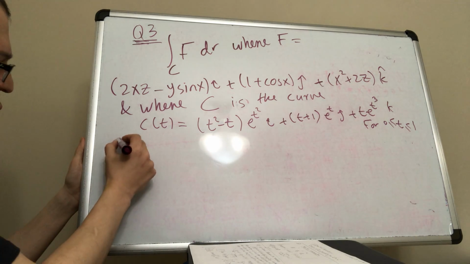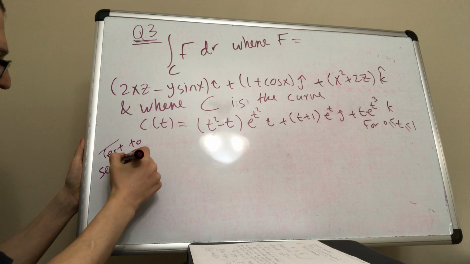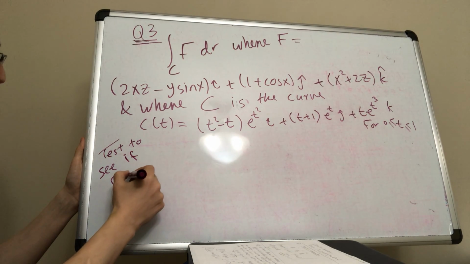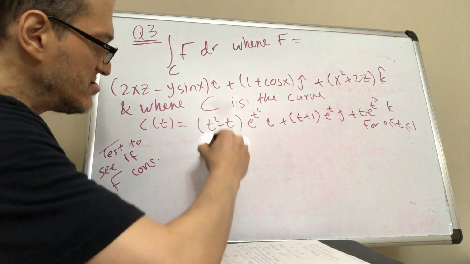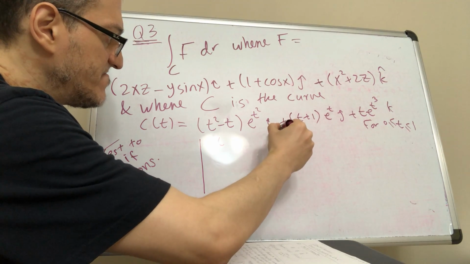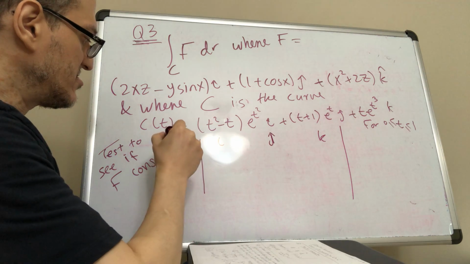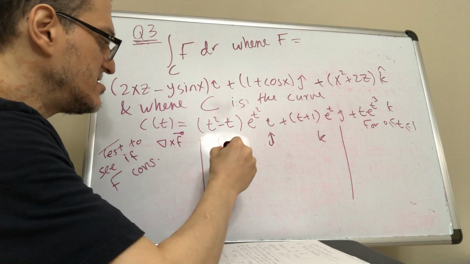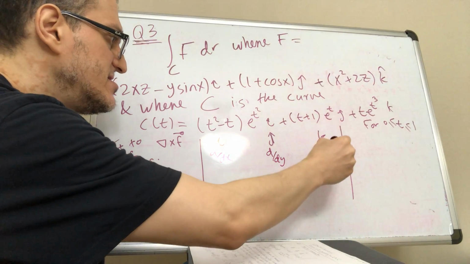So, test to see if the function is conservative. So you have the i, the j, the k, times the function: d/dx, d/dy, d/dz.